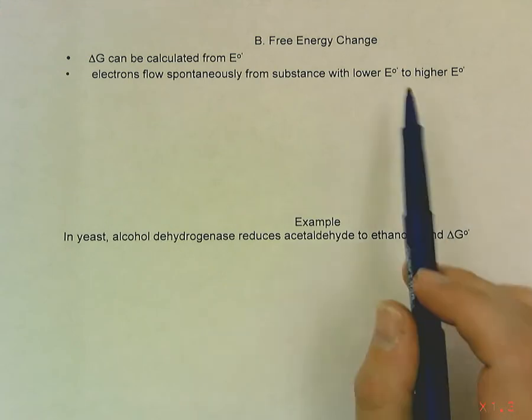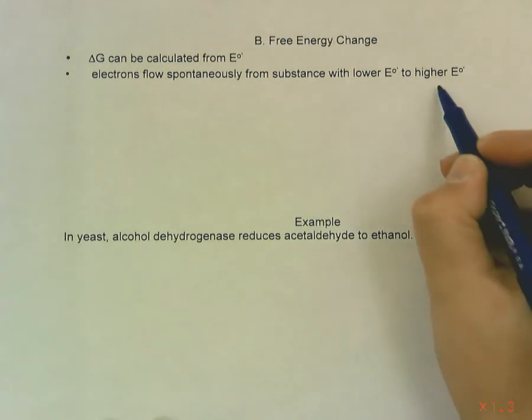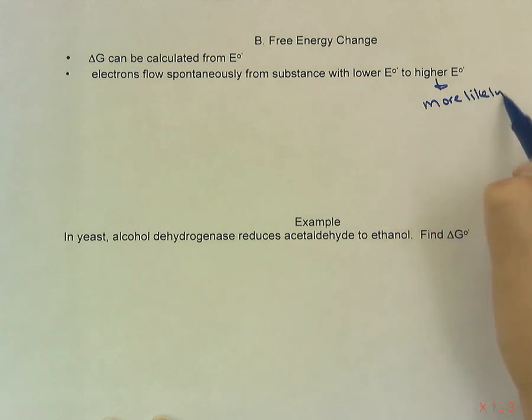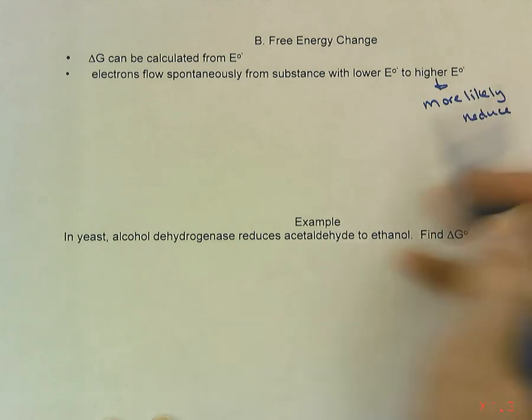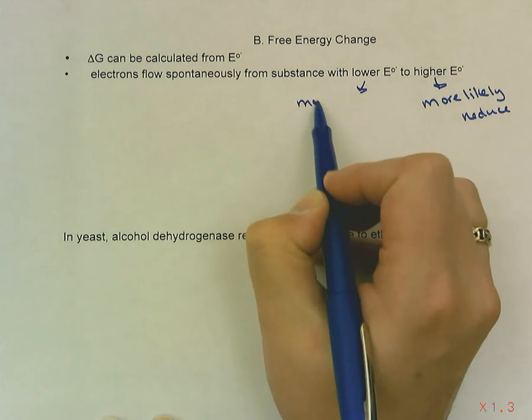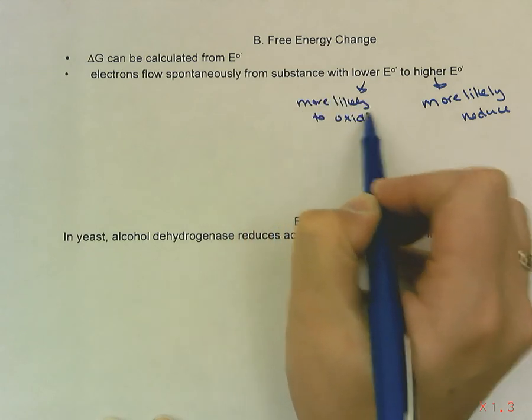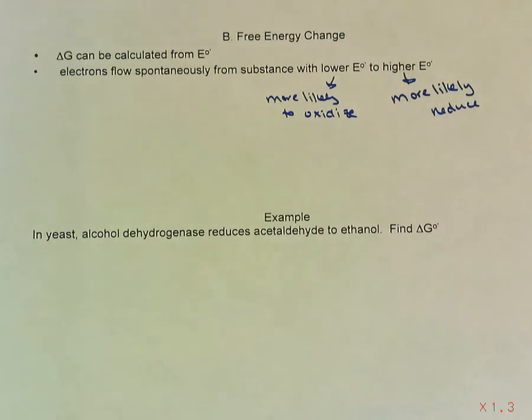Because if it has a low E0, kind of the more likely you are to reduce, you have a high value. You have a low value, not likely to reduce, super likely to oxidize. So that's how they're related to each other.